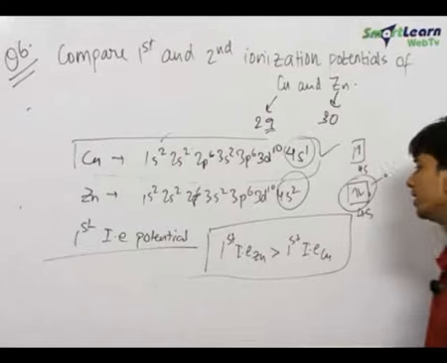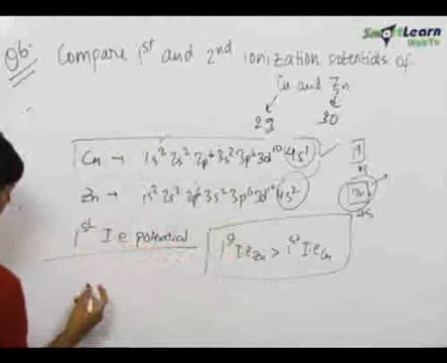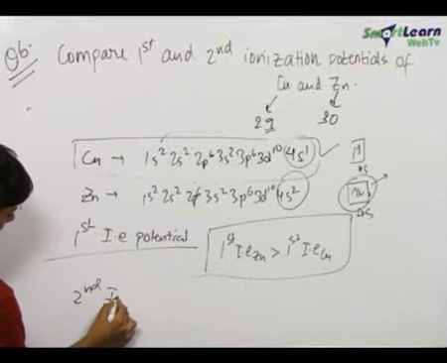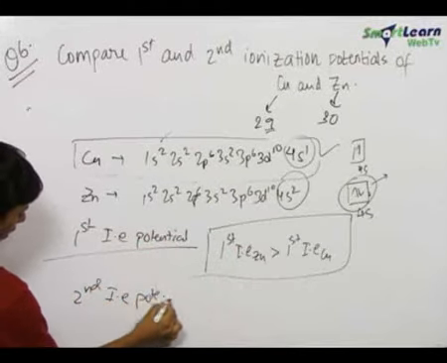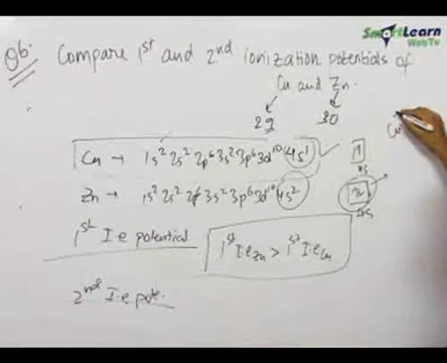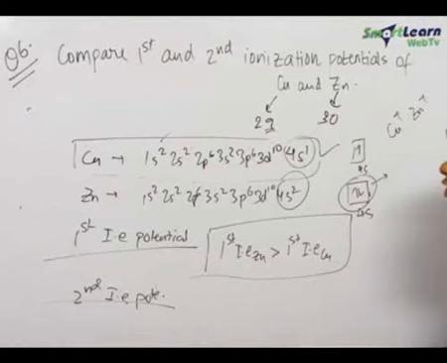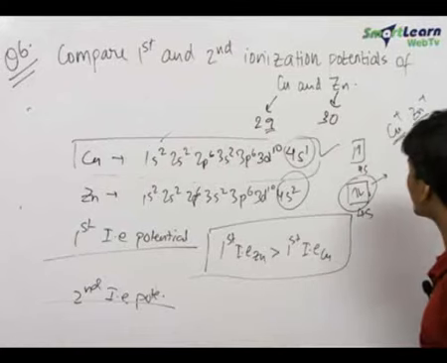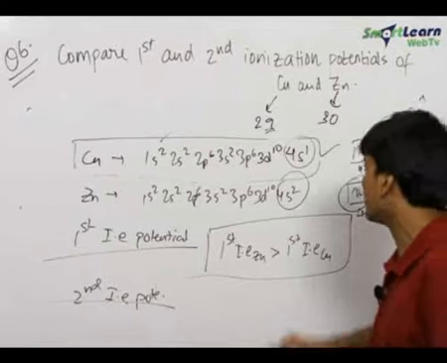half filled s orbital. Now for comparing the second ionization potential, it means that they already exist in the form of Cu plus and Zn plus, and we need to remove one more electron. Always remember that when an electron is removed, it is always removed from the outermost shell.